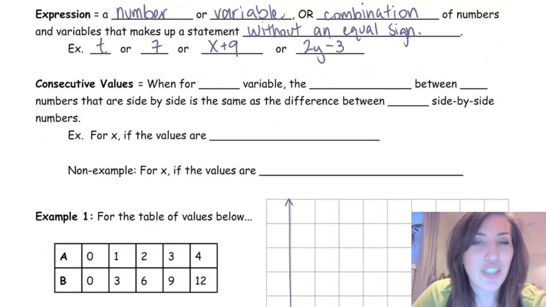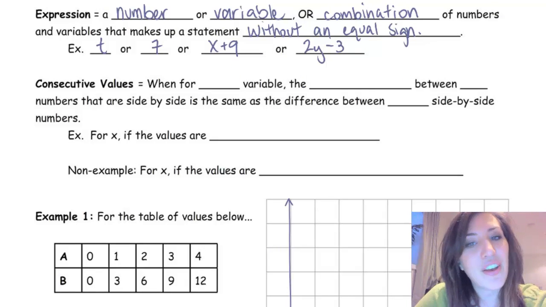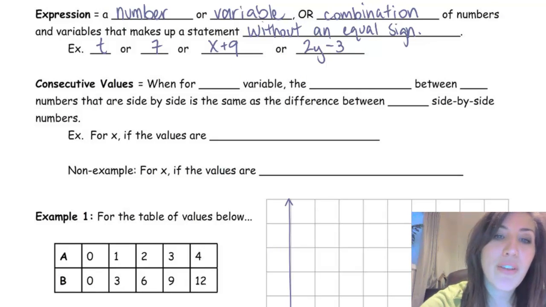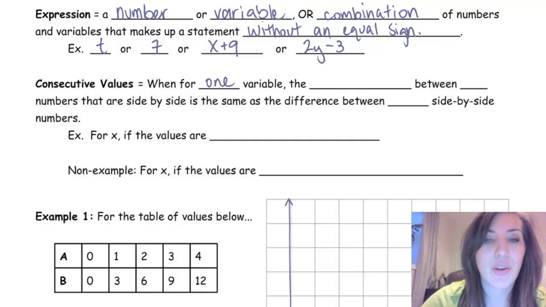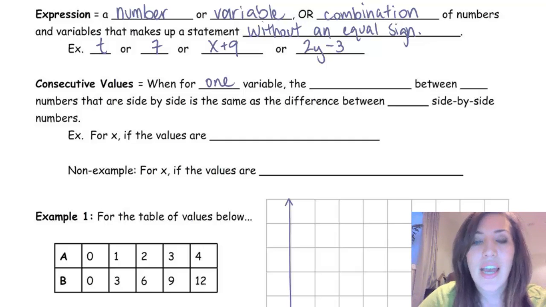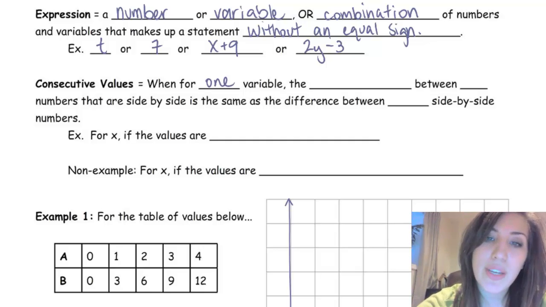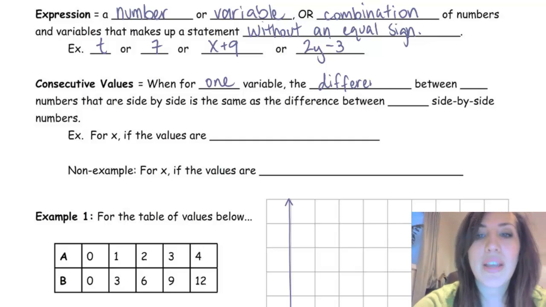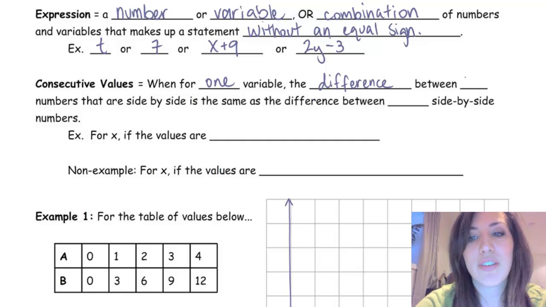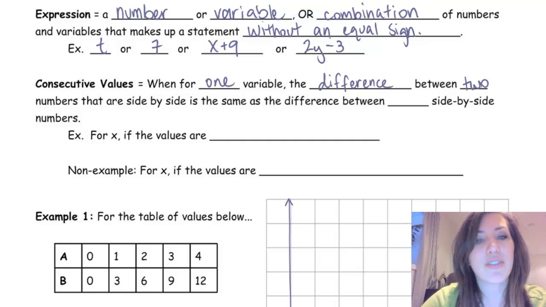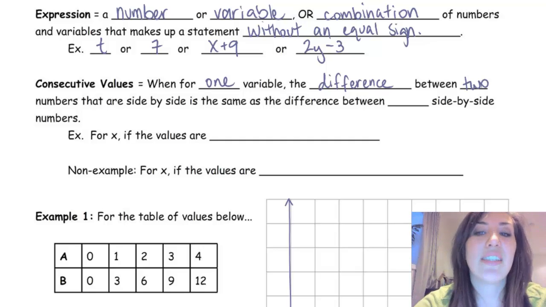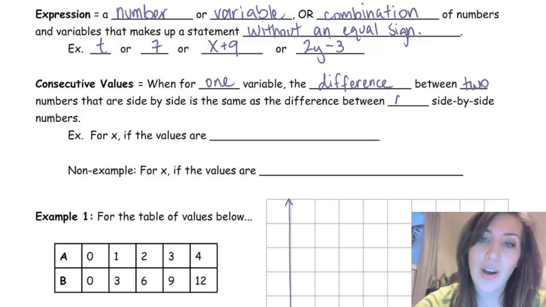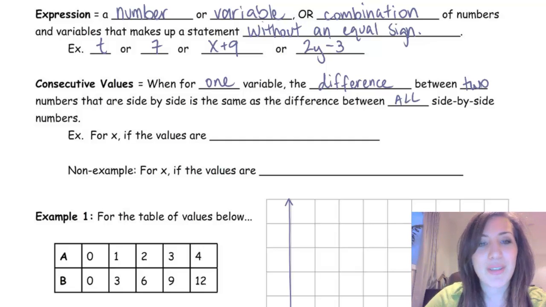And the last definition that we need to know are consecutive values. And that means that for one variable, so the X or the A, the difference between the numbers side by side, so one number minus the other, is the same as the difference between all side by side numbers.